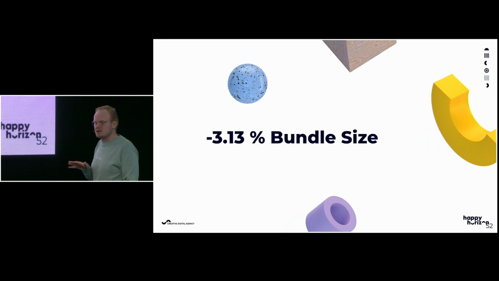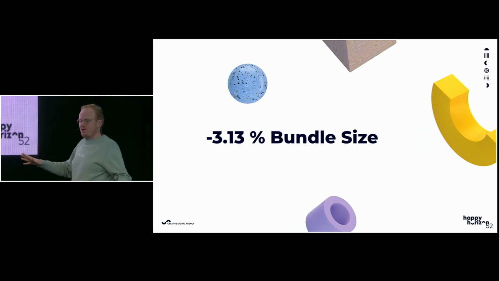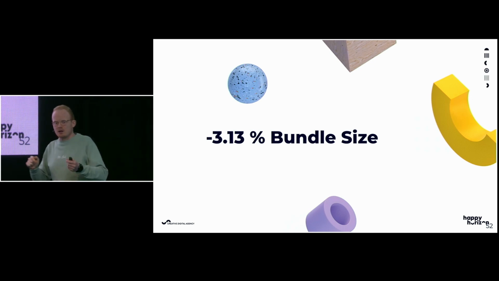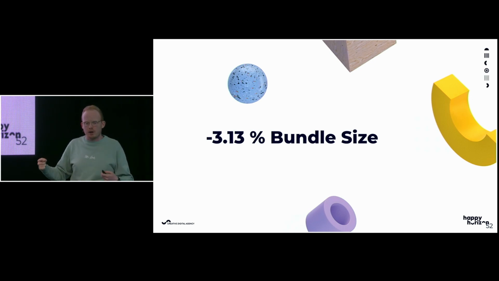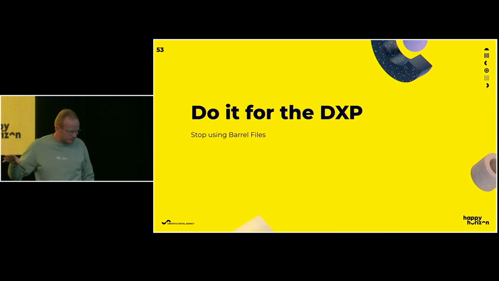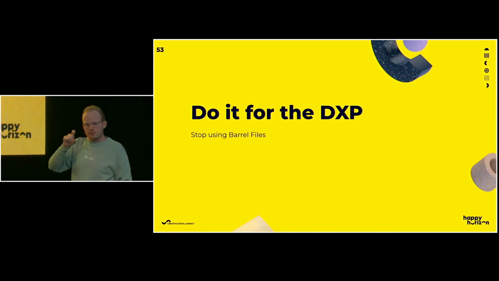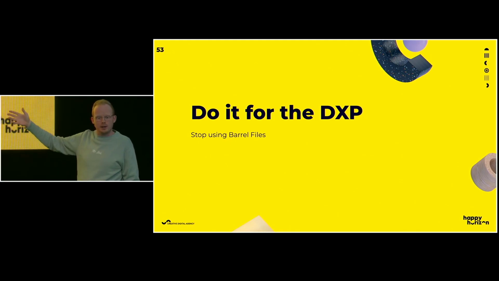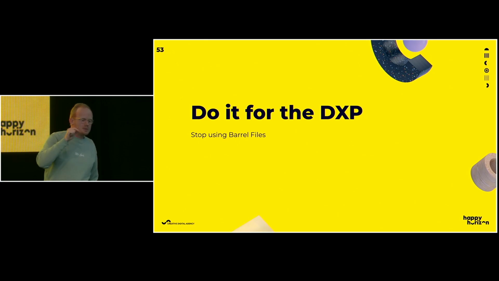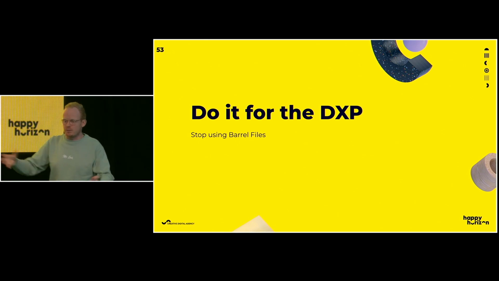Thus the impact is pretty low, but if everybody does it, because you are using lots of third-party libraries that probably don't have side effects false set, then you have the whole package in your bundle. If everybody does it. Otherwise, you should actually stop using barrel files, because it is mostly at compile time that the tree shaking takes place, so you as a developer still have the big bundle.